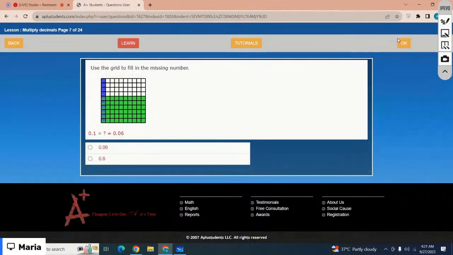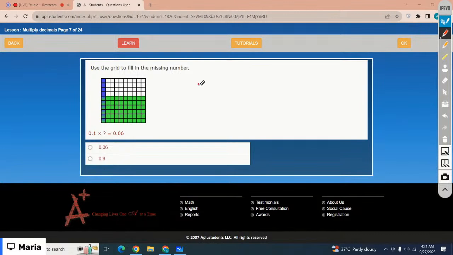Okay, 0.1 times what number makes 0.06? One thing you can notice here is, like for this one, the missing number is 0.6. 0.1 times 0.6, right? You can see they both have one decimal place. So when you multiply two numbers that have one decimal place, the answer must have 1 plus 1, two decimal places, right?